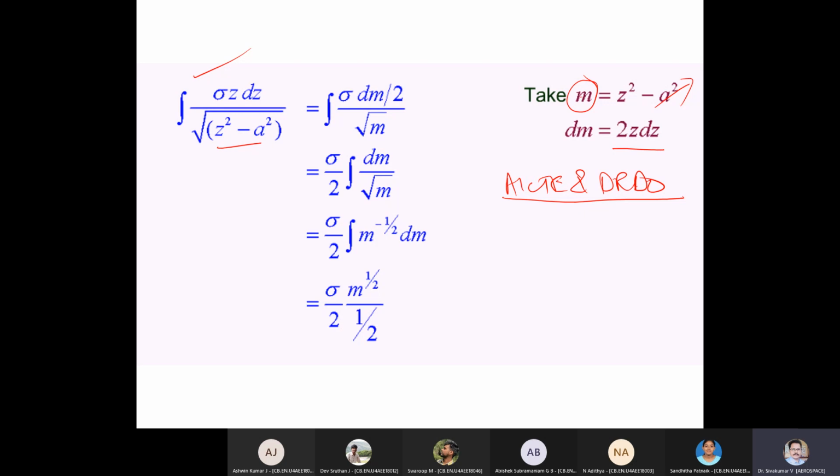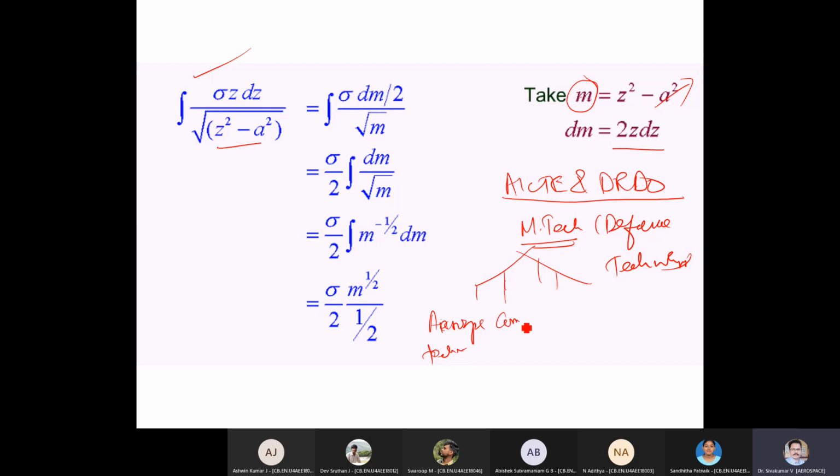So they requested colleges in India like us, the grade 1 colleges, why don't you start an MTech in defense technology? Under this there are 6 streams: aerospace technology, communication, high energy materials, and so on.